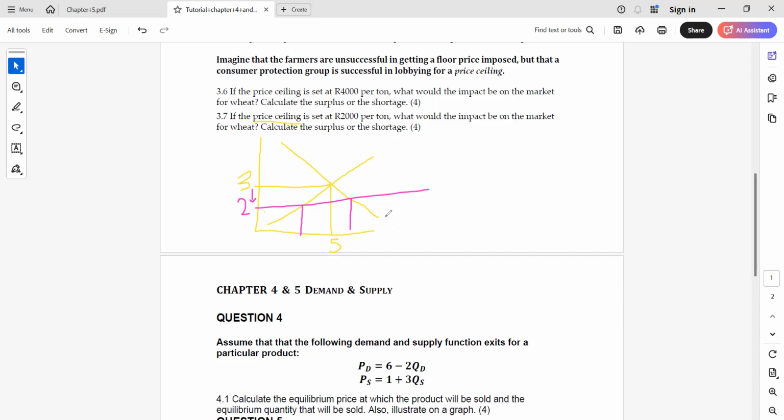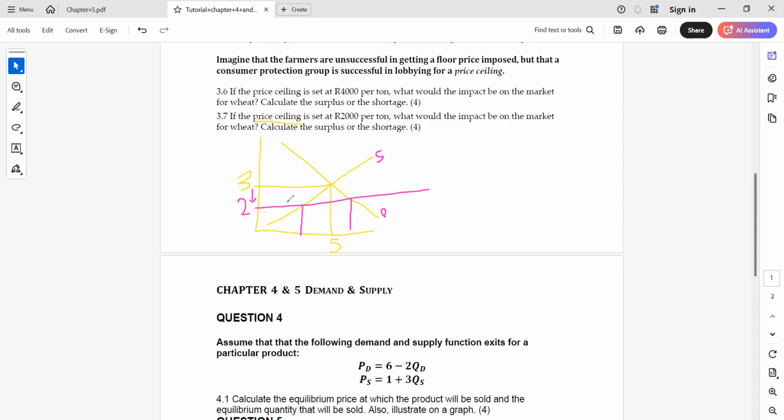This is our demand curve and this is our supply curve. The quantity demanded, because the price has decreased, is going to increase from here to here. And the quantity supplied will decrease from here to here.